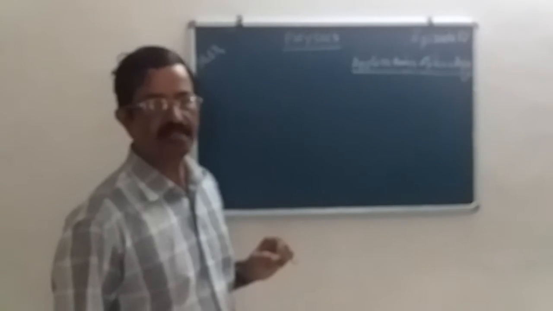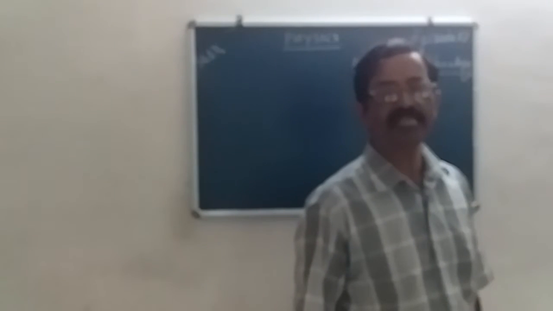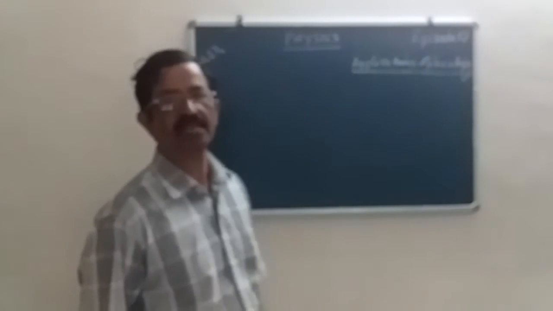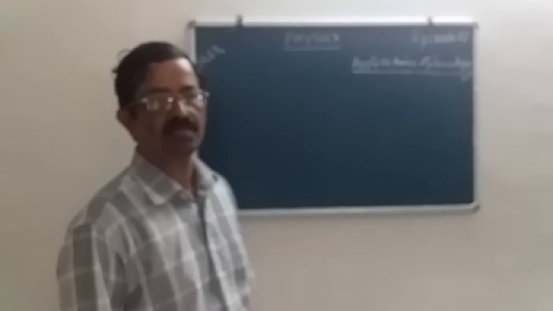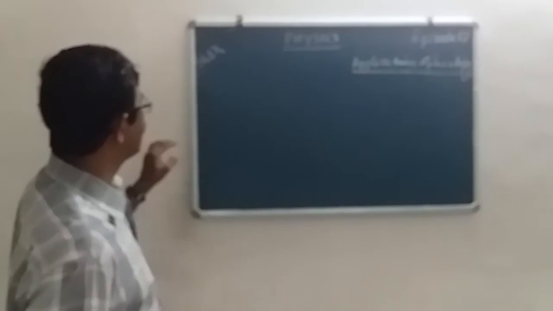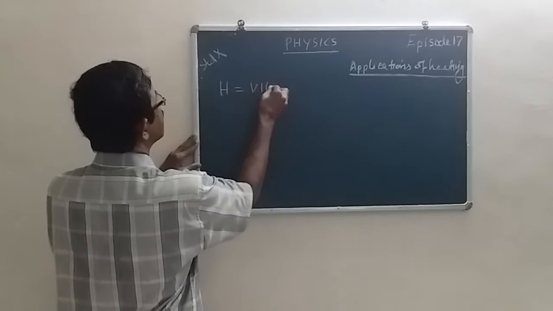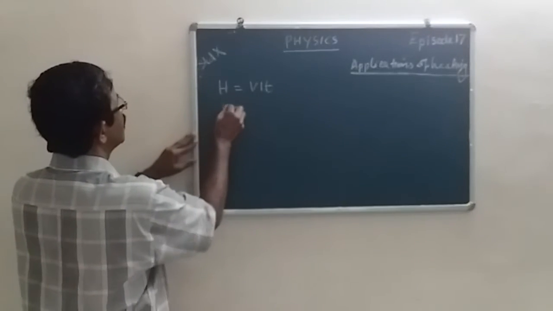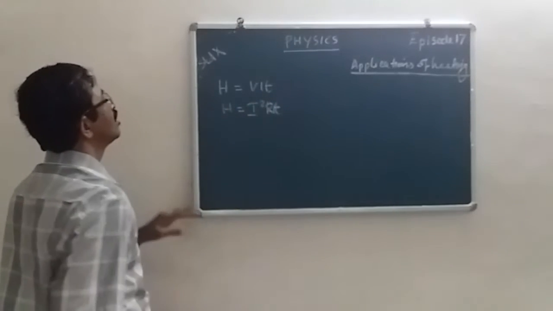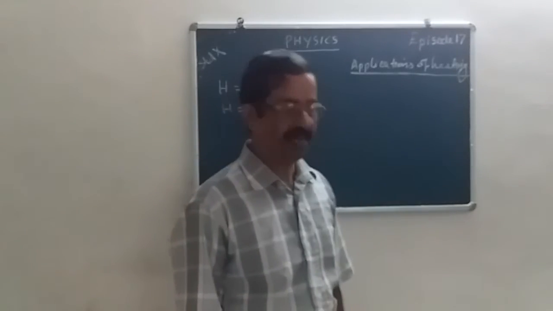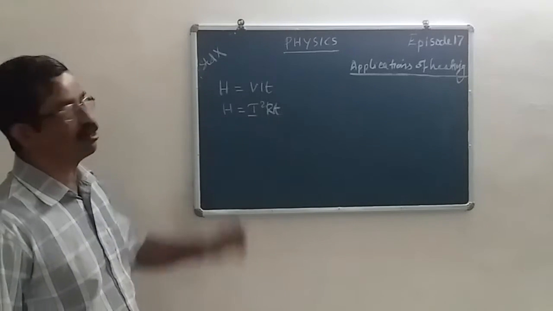When electric current passes through a resistor, the heat developed can be obtained by using Joule's law of heating. From that we got the relations H is equal to VIT, and H is also equal to I square RT.